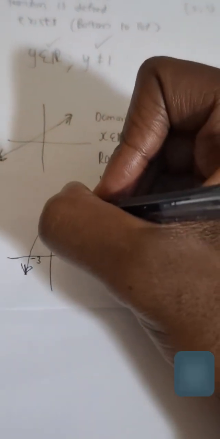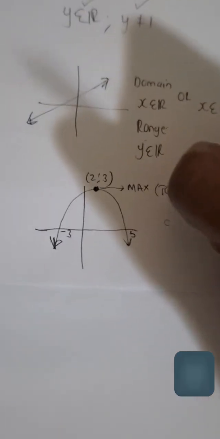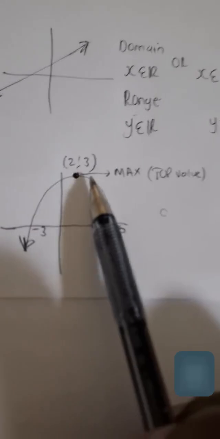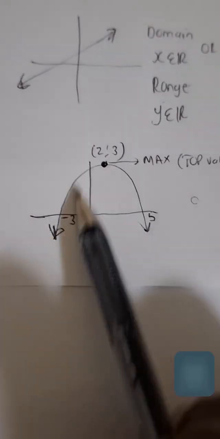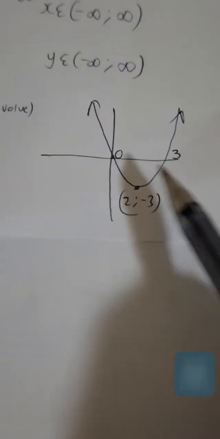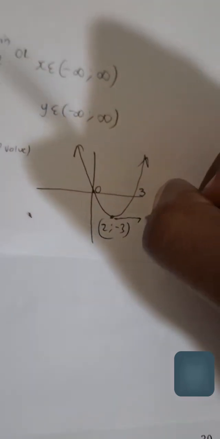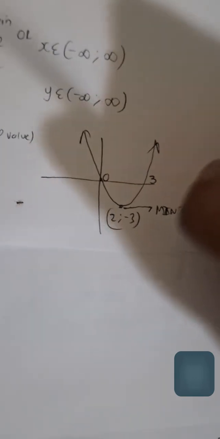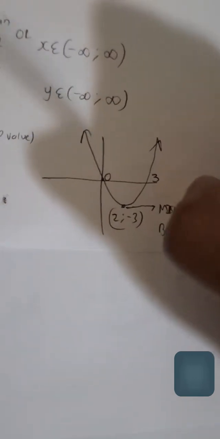With a parabola, the turning point is our maximum value, or our top value, for a graph that is looking sad, or concave down. But for the happy graph, Mr. Smile, this turning point we call the minimum, or the bottom value.